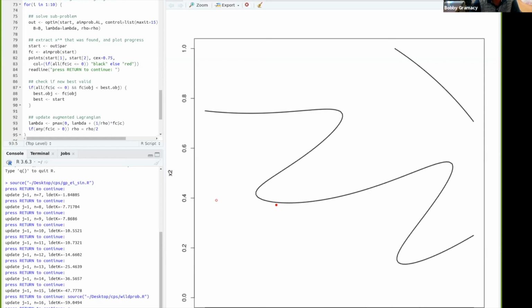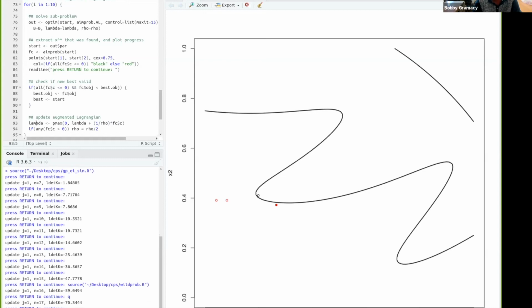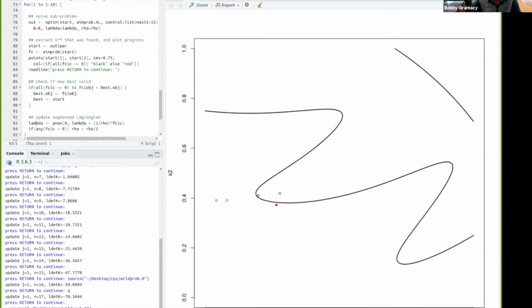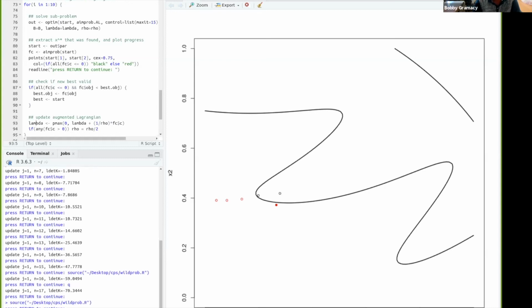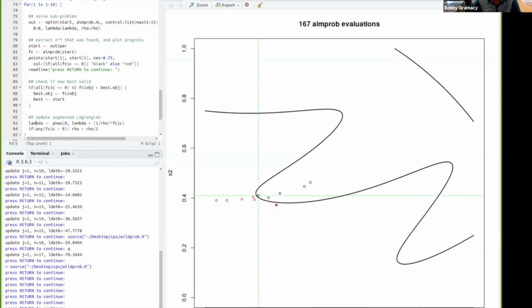Then it's going to do the next one again. It's going to update again and do the next one. Update again and do the next one. Update again and do the next one. You can kind of see that it's focusing in. I've stopped the algorithm a little early because I want to show you multiple evaluations.